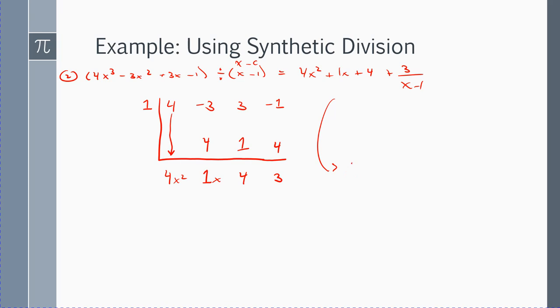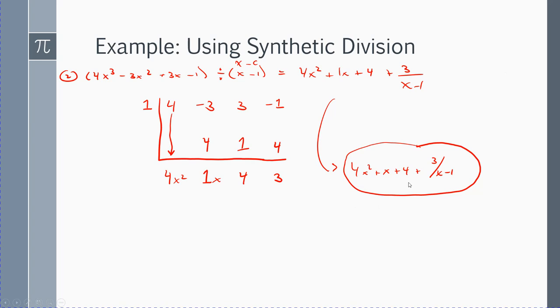So it's 4x squared plus x plus 4 plus 3 over x minus 1. Notice how quickly this goes once you understand this process of synthetic division. It can go boom, boom, boom, really quickly.